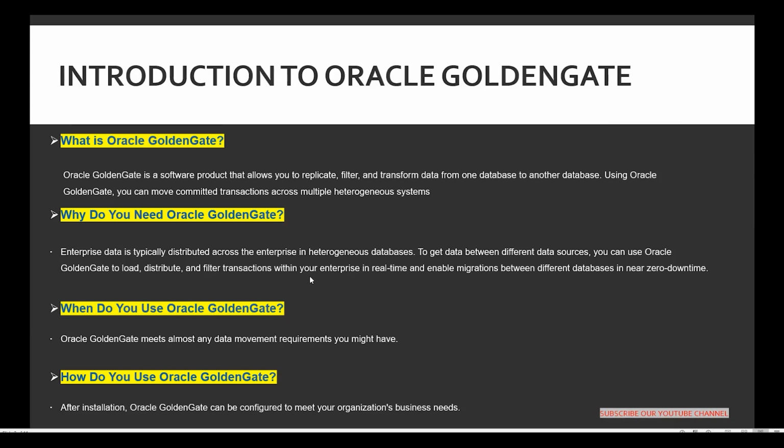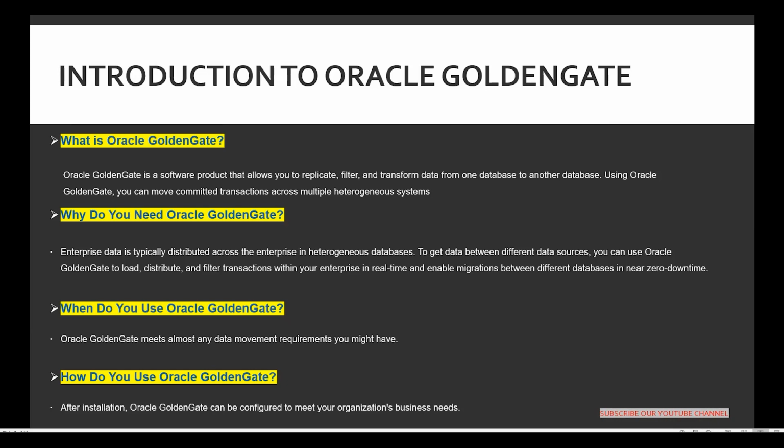This is not something about the microservices architecture that we are going to discuss, but just basic information about Goldengate, so that you will be in a better position to understand Goldengate. The next part is, when do you use Oracle Goldengate? It can be used for any kind of data movement requirements that we have in real production environments, so we can use it for multiple different data movement purposes.